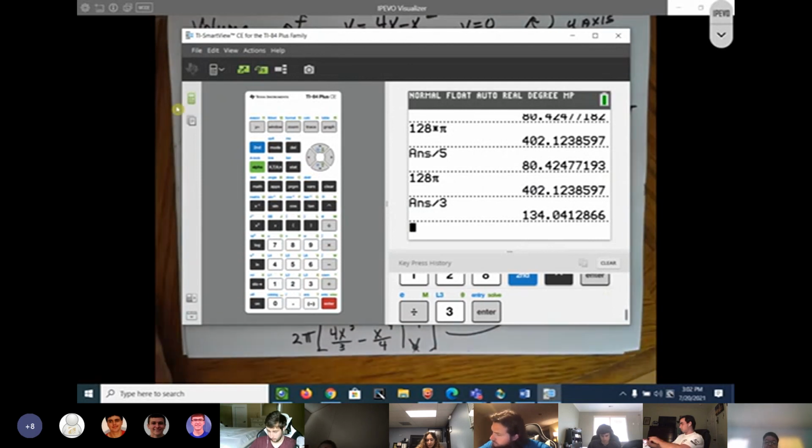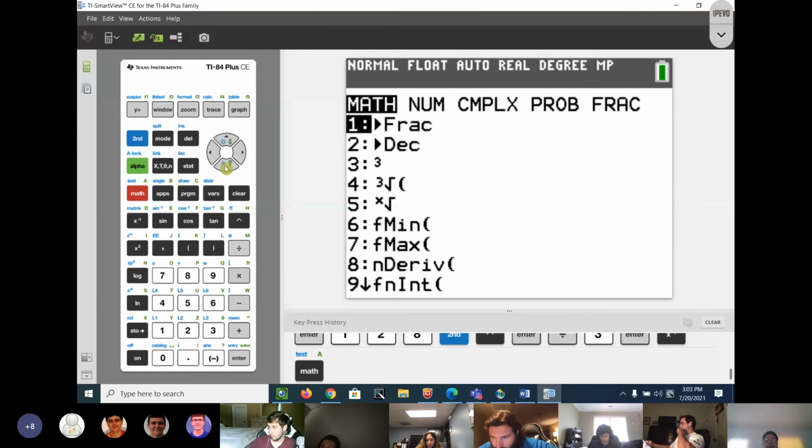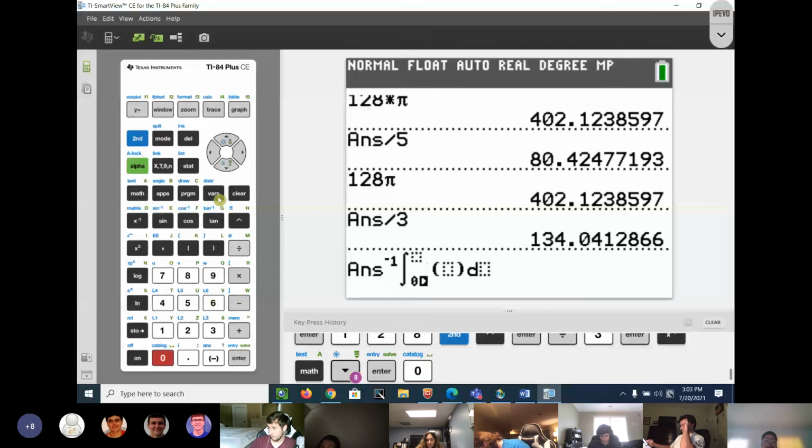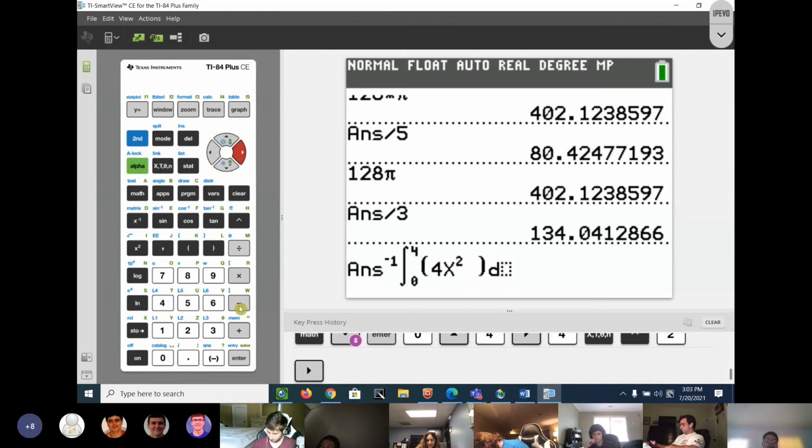So let's take our handy dandy calculator. Let's go with math and go down to antiderivative. And we're going from 0 to 4. And that's going to be 4x squared minus x cubed dx. Make sure I type it in right.